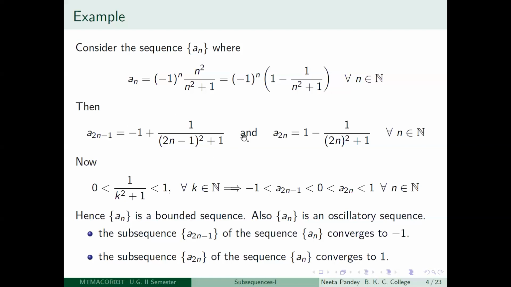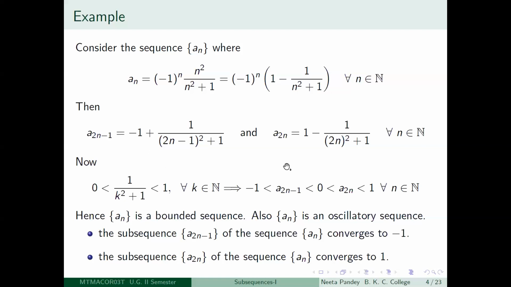Similarly for a_2n also, these are numbers between 0 and 1, and they are all increasing as n increases, increasing towards 1, and the limit is actually going to be equal to 1, right? So whatever subsequence you take, you can visualize that it will converge either to -1 or to 1.